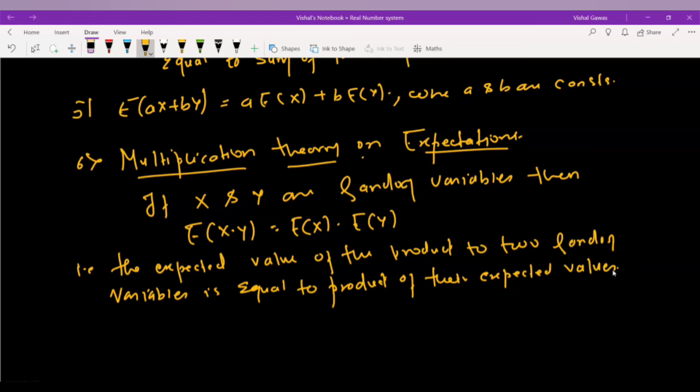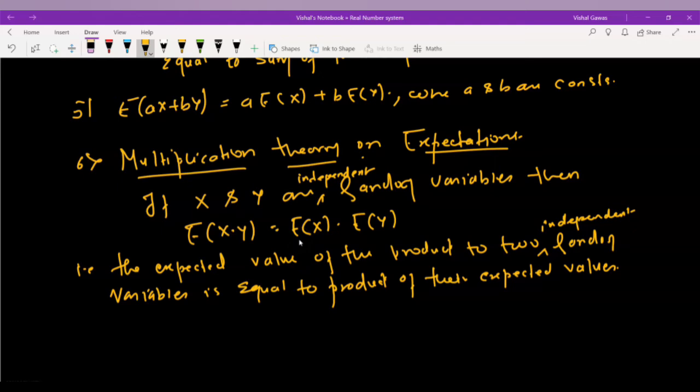By the way, I have missed the part here that they are independent random variables. If not independent, then this fails. So the expected value of the product of two independent random variables works, but this would not work if x and y are not independent.